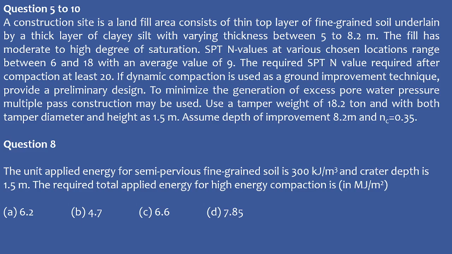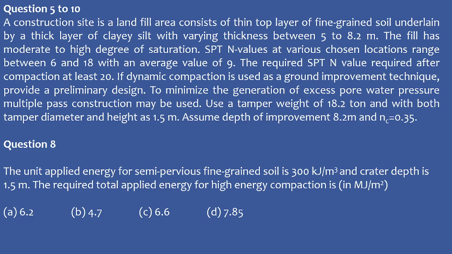The high energy compaction is the primary requirement to improve the soil at the required depth, and since we are dropping the temper from a certain height to the soil, that temper is also creating a hole into the ground. That hole we call a crater.